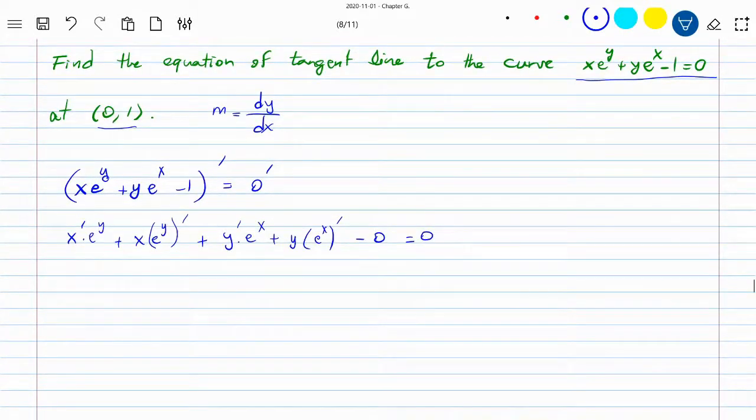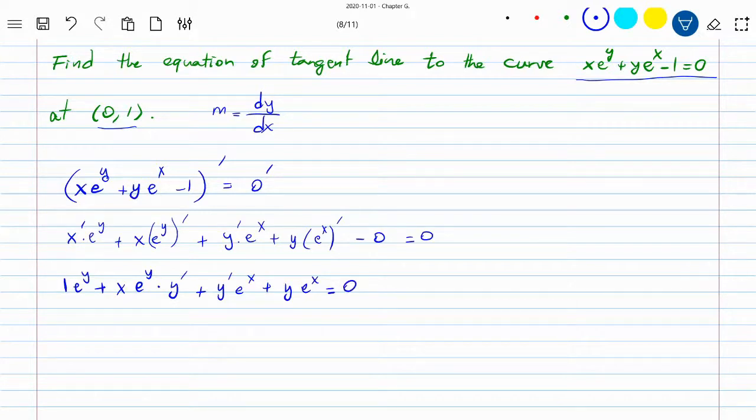Okay, derivative of x is 1, e to the y plus x e to the y times derivative of y with respect to x, or y prime, either way you can write it, plus y prime e to the x plus y e to the x derivative is e to the x equals 0.